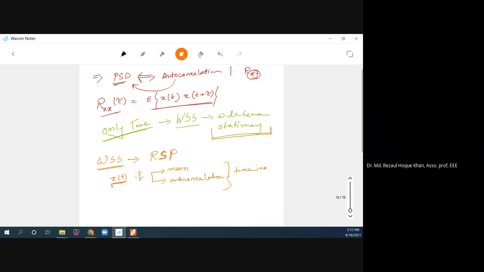If the mean value does not depend on time, and the autocorrelation does not depend on time, then we call it a wide sense stationary process. Okay.